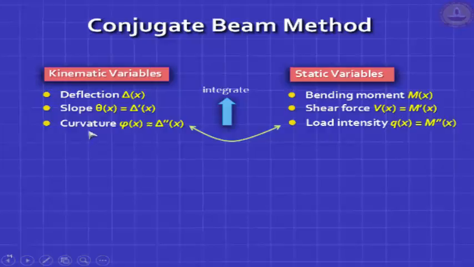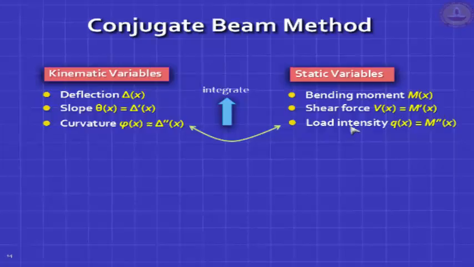So if I imagine a conjugate beam in which the loading is the curvature, that means the load diagram is a curvature diagram, and there itself you can recognize that you can't get point loads, because curvature is always a smooth, continuous function. So you will have only distributed loads in your conjugate beam.